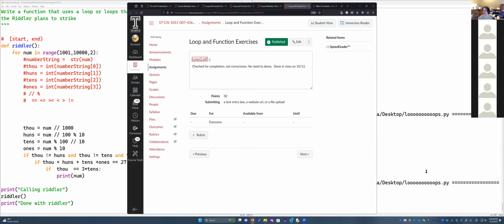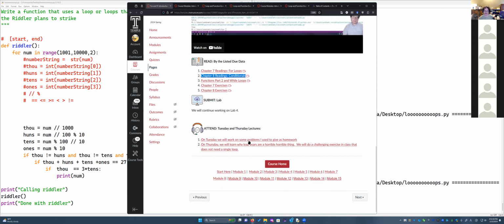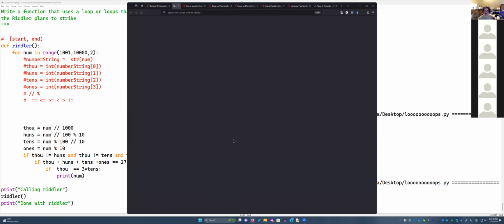So when the person who sent me that message, try to falsify that hypothesis. I mean, prove that wrong. Prove it wrong, and you'll find that you can. But anyway, if you go to the loop and function exercises under module 5, you'll be able to find it, which is right here, module 5.